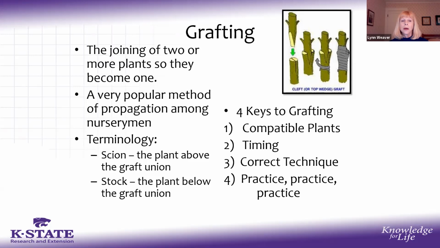The cambium of the scion needs to come in contact with the cambium of the stalk plant, and a bridge will grow between the two in just a few days. This allows the scion to benefit from the sap that is starting to flow in the stalk plant. So that right there tells you, as far as timing is concerned, you need to do this in the spring when growth is just beginning and sap is beginning to move.